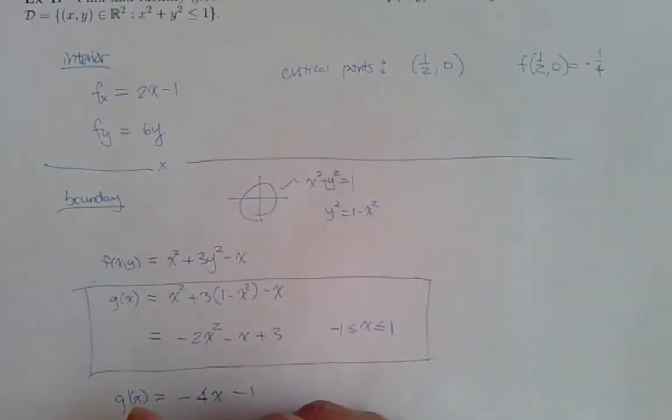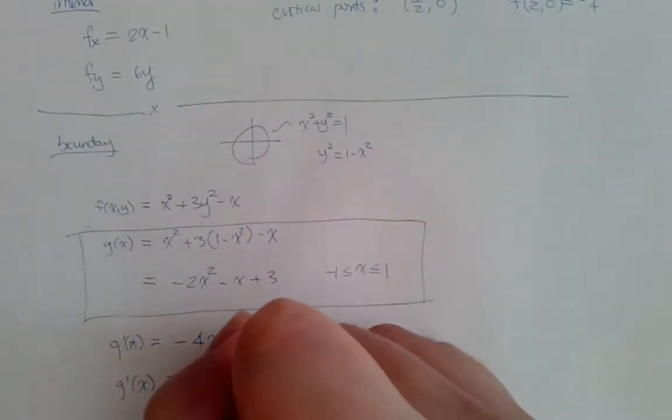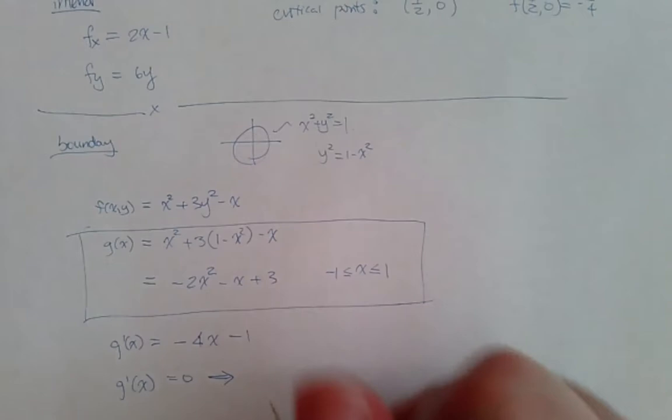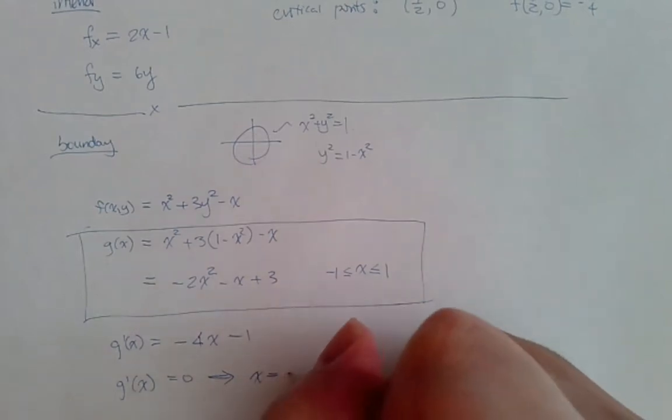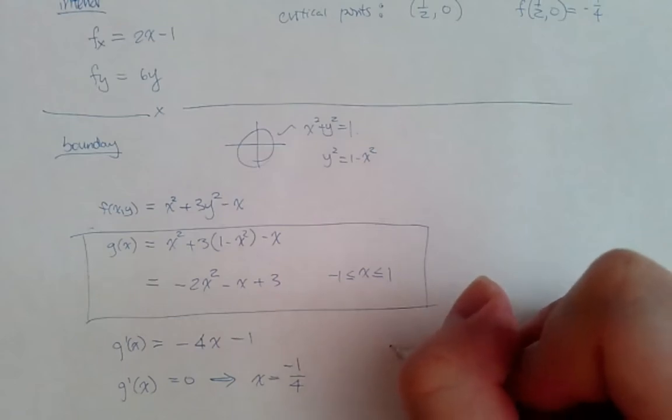So then if g prime of x is equal to 0, then that means x is equal to -1/4. And so then I can see that this is a critical point.